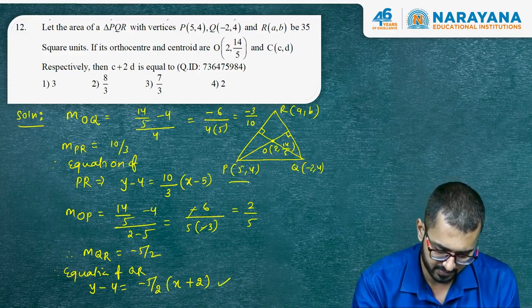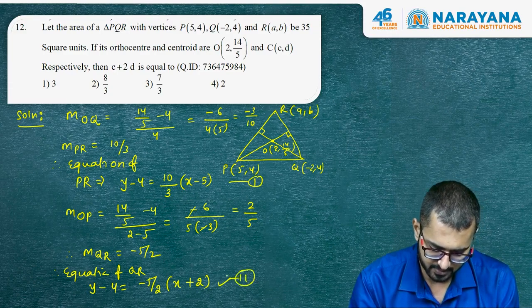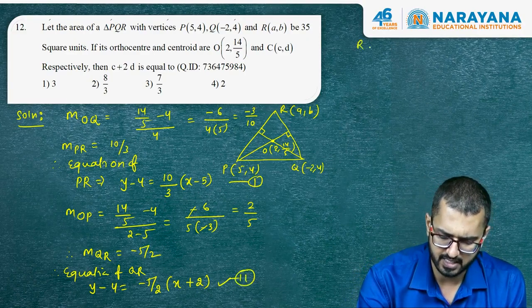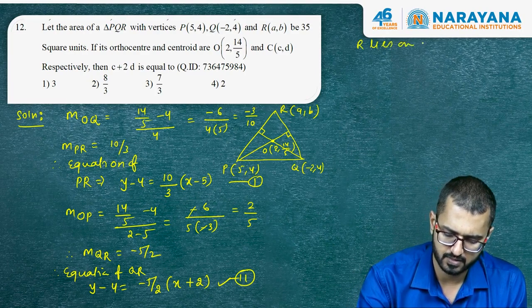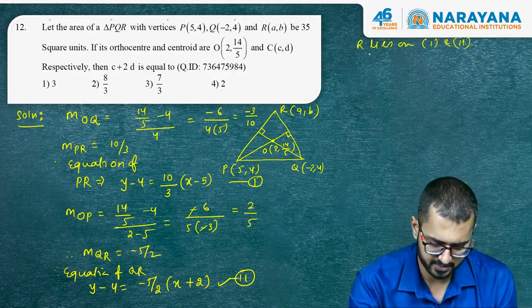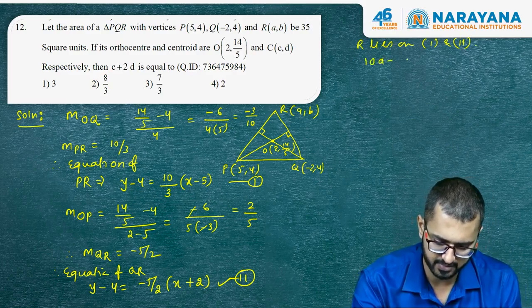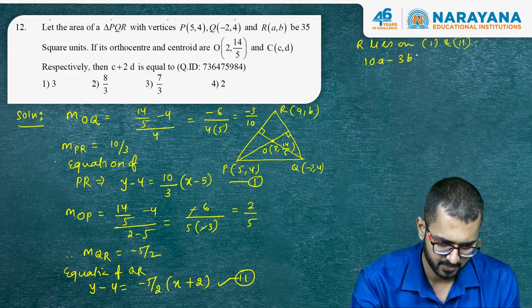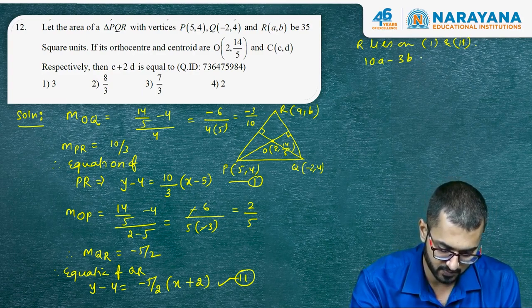Yes, so we have now this equation and this equation. Since a and b lie on it, that means R lies on equation 1 and equation 2. So now let us solve 1 and 2. I'll be having basically 10x minus 3y, so 10a minus 3b, and then minus 50 plus 20, minus 12 basically.